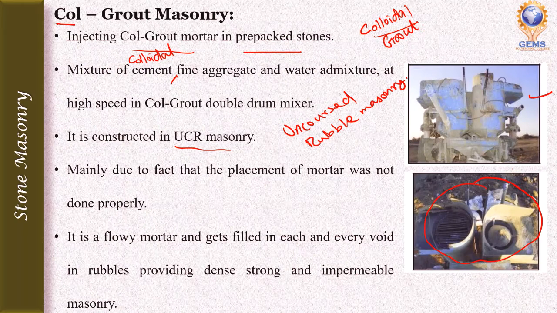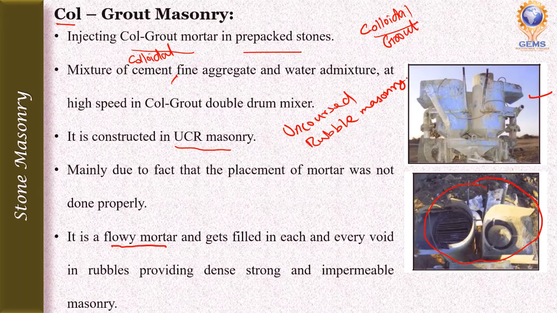For that particular reason we use cold grout masonry. This was mainly due to the fact that the mortar placement was not done properly by unskilled, inexperienced masons. Cold grout mortar is a flowy mortar, like flowing water, and gets filled in once you inject it into the structure.